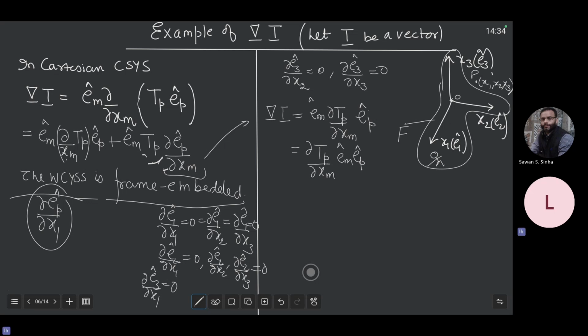Index notation wise, is this okay? No index should appear more than 2 times. That's happening. How many terms inside it? 9 terms. Sum of 9 terms. What order tensor is it? Second order.